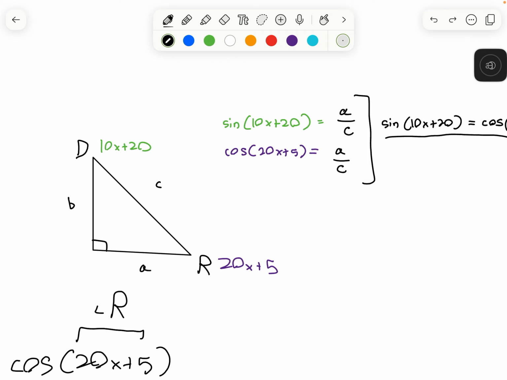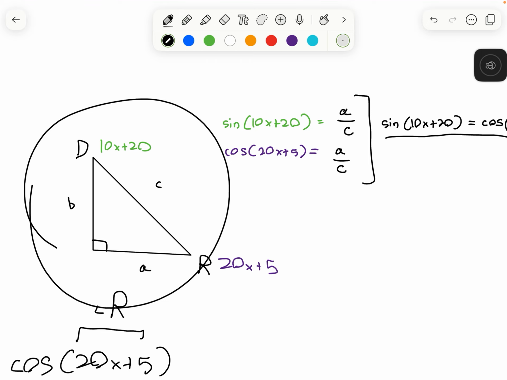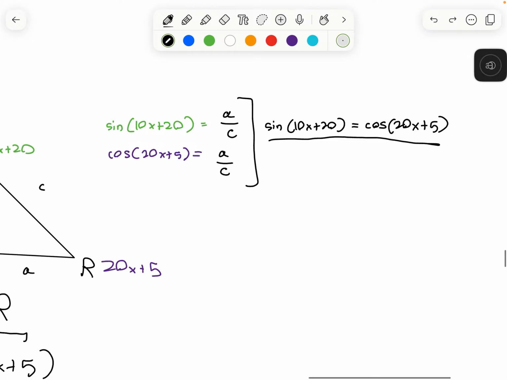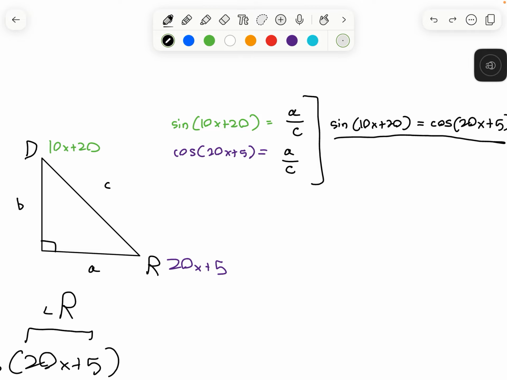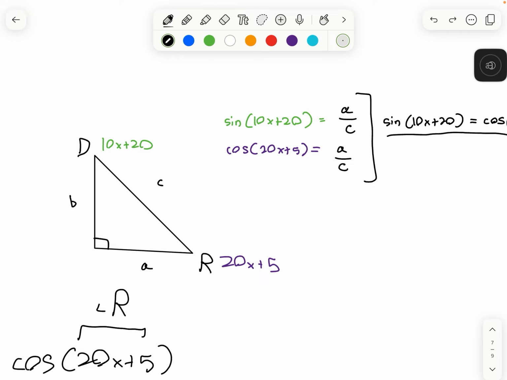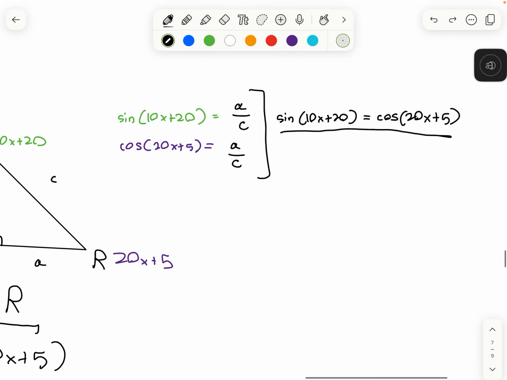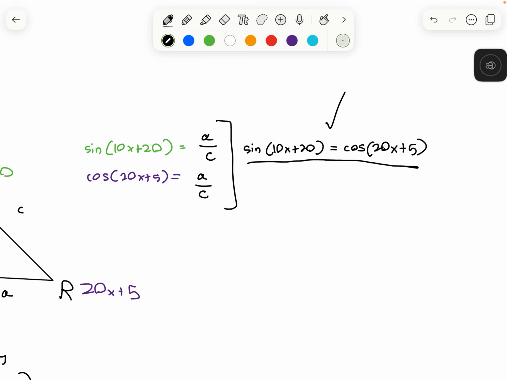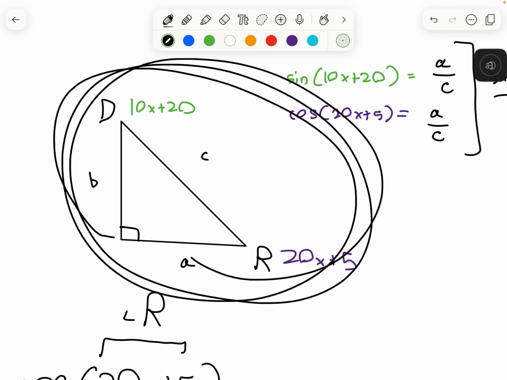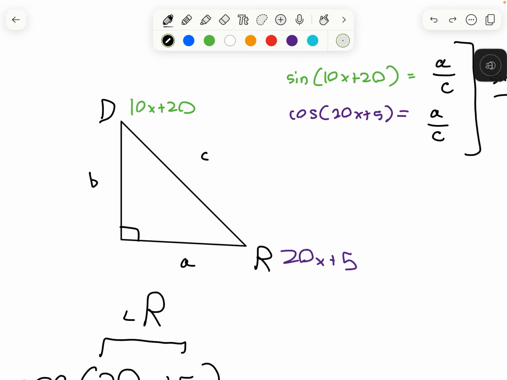Remember, when I first made this right triangle, I came in with the assumption that it might not necessarily be a right triangle. These angles might not actually be part of a right triangle. But if we use SOHCAHTOA and figure out that both of these are equal to A over C, then you realize that a right triangle is actually possible to create with these angles, because we proved that this equation was true. So what that tells us is we know for a fact that this is a right triangle, and that everything works out.